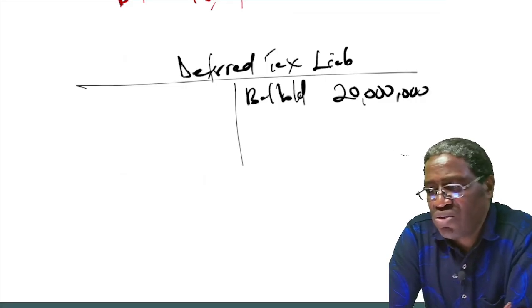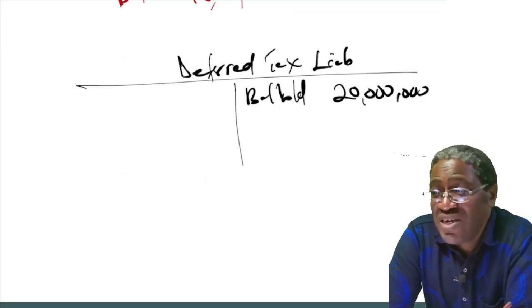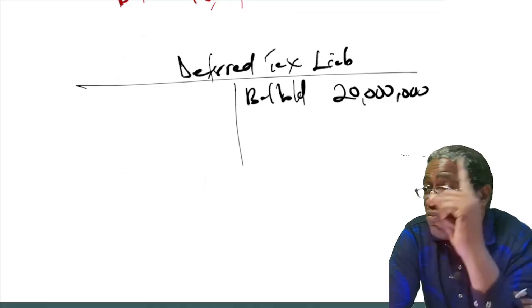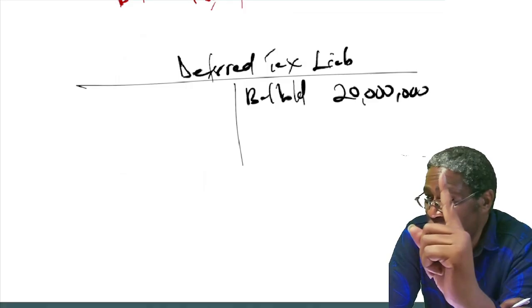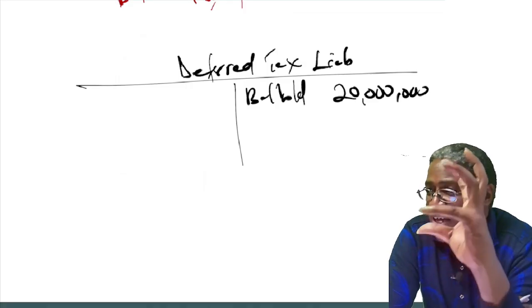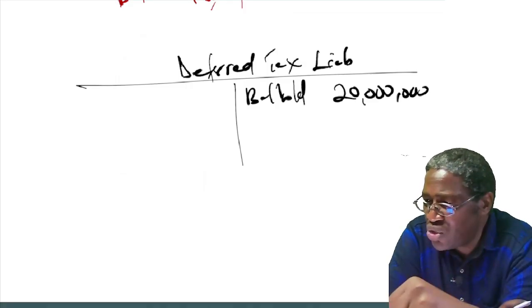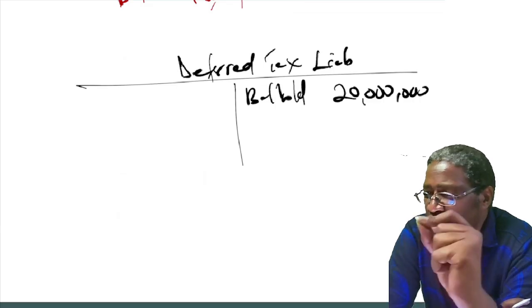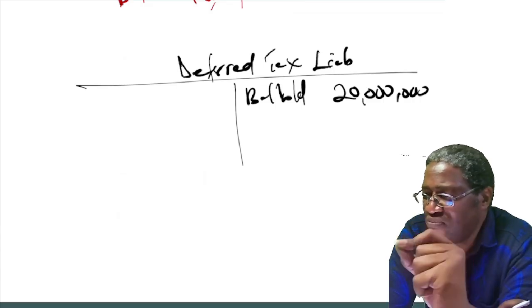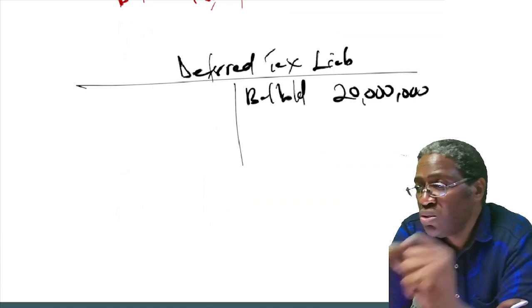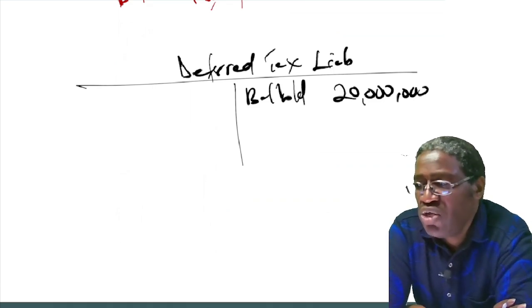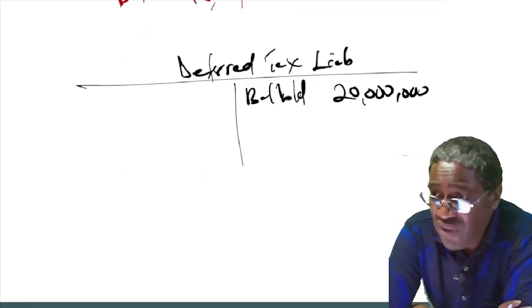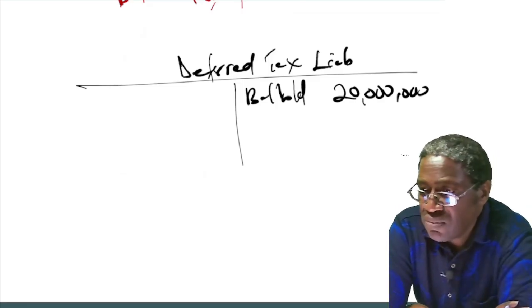From the trial balance, you have been given a balance of deferred tax 20. Then from the additional information in the question, the examiner tells you transfer 5 million to the deferred tax. Will you debit deferred tax by 5 million or will you credit?